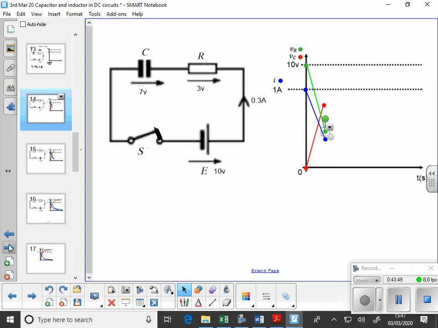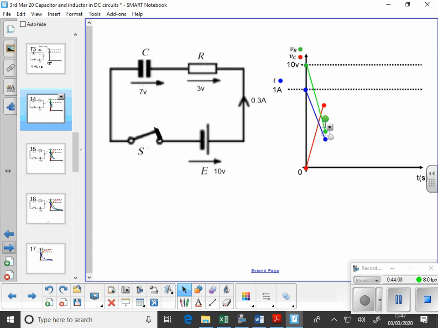If we're going to carry on obeying Kirchhoff's law, that must leave 3 volts across the resistor. And therefore, with a 10 ohm resistor, 3 divided by 10, 0.3 of an amp is flowing.